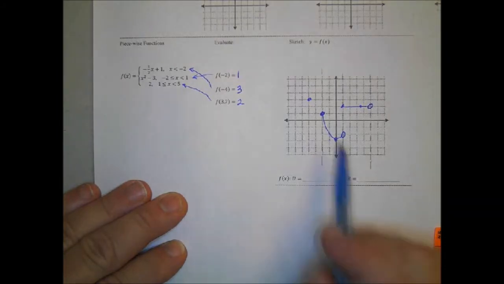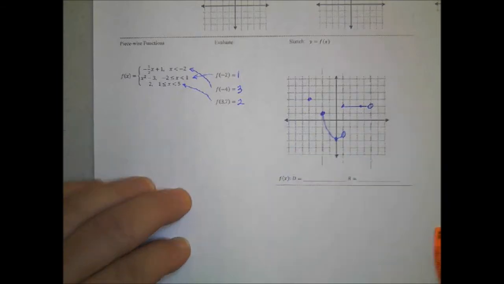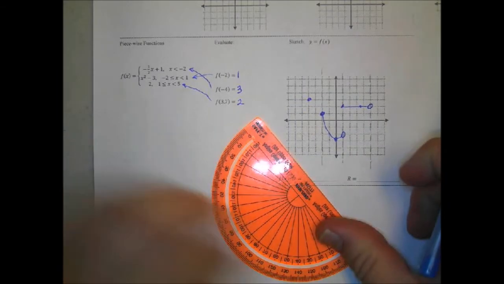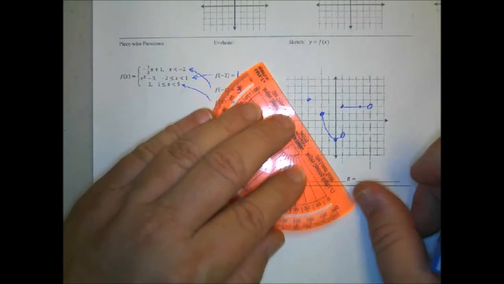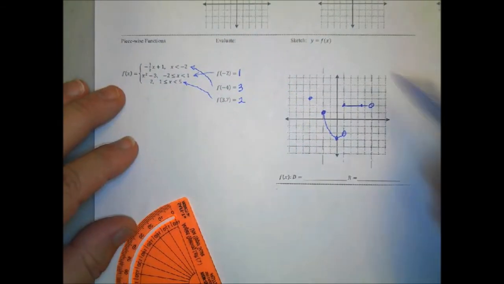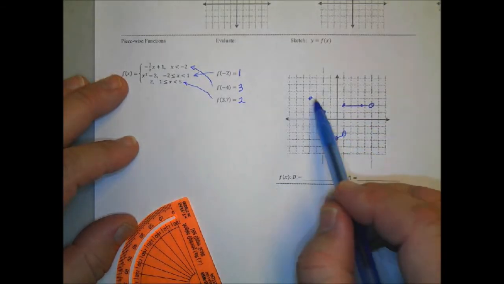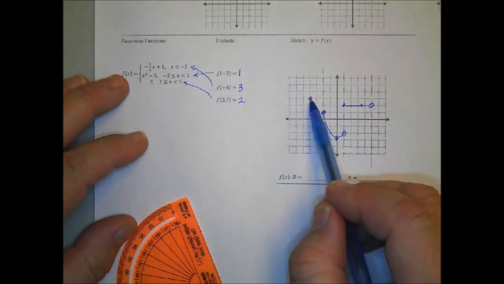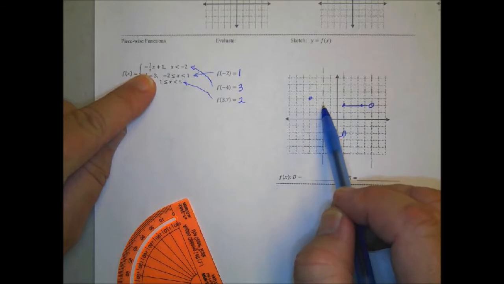Which leaves us just this, the linear part. Well, this is linear, and I already have 2 points. I'm going to plug in -2 just to make sure. I don't even have to do that. Let's go to this point. The slope of this part is -1/2, down 1 over 2.